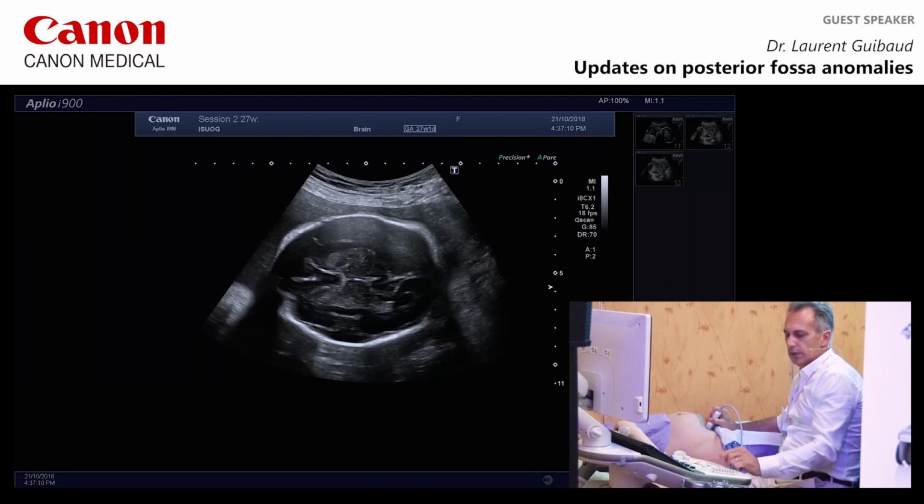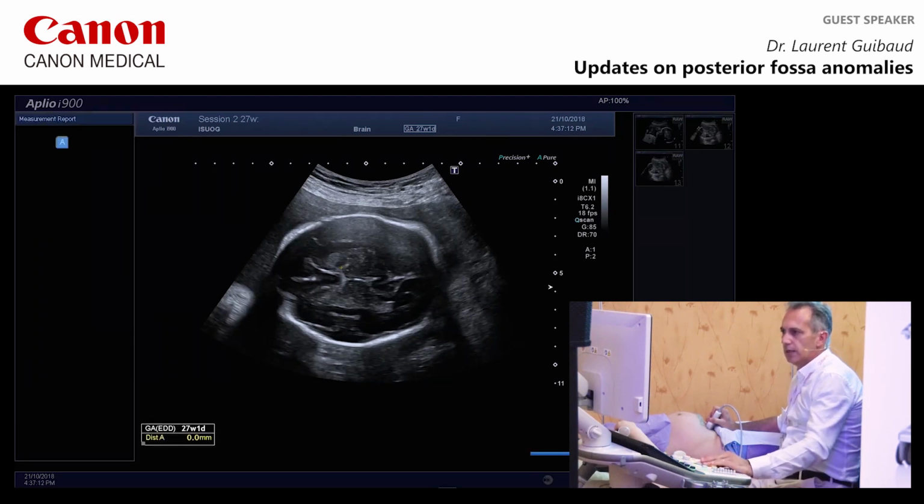Here you see clearly the cavum septum pellucidum, and just a mnemonic way of reminding: the AP diameter of the cavum septum pellucidum should be larger than the transverse diameter, the inverse of the first ventricle.